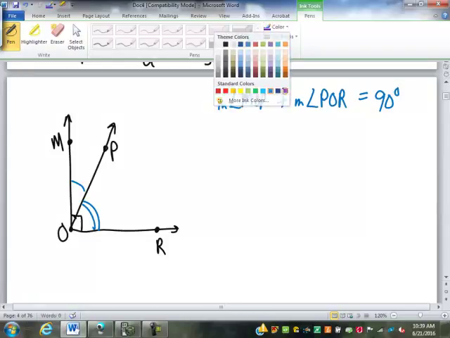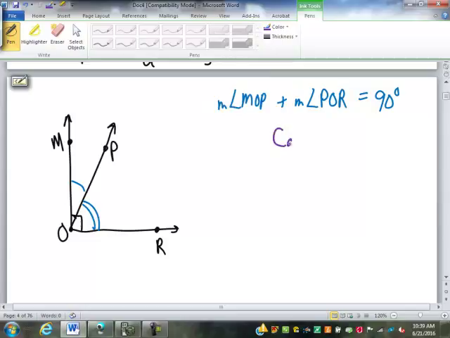Two angles that add up to 90 degrees are what we call complementary. So if I happen to know that angle MOP is 31 degrees, how do I find angle POR? Subtract. Good. 90 degrees minus 31 degrees is 59 degrees.